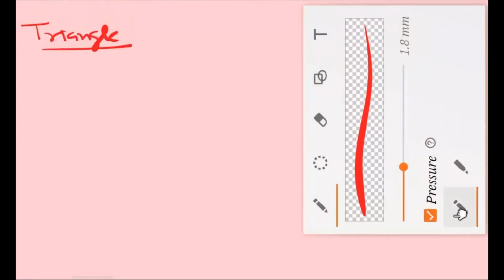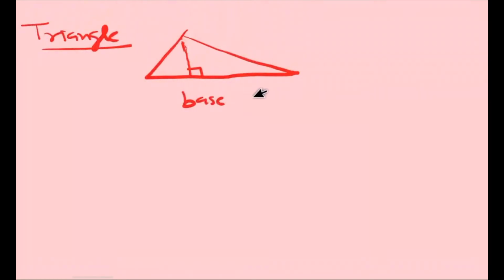Now you can see here is a triangle, and if this one is the height, this one is the height. If this one is the base and this one is the height, right?